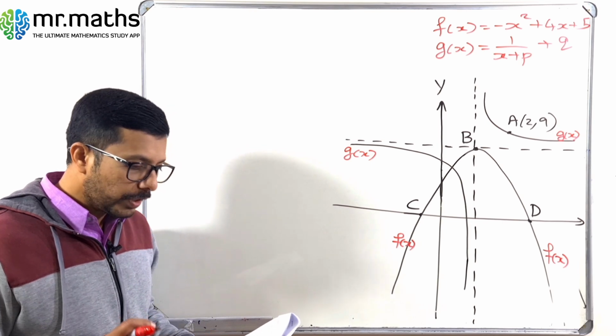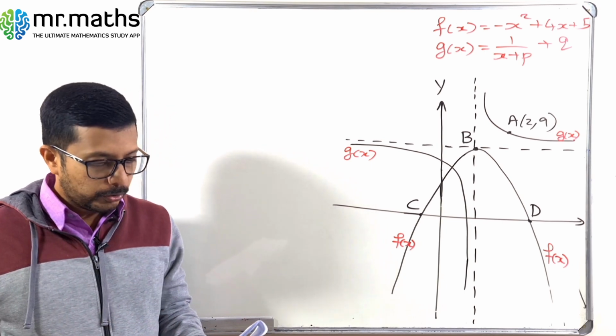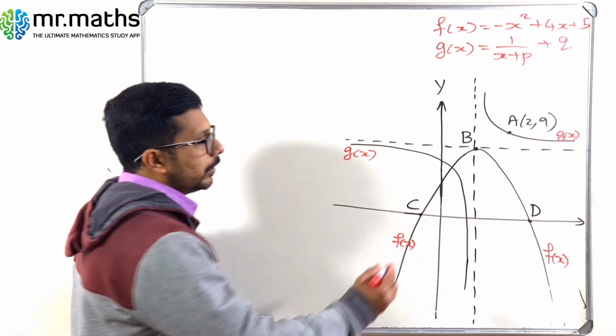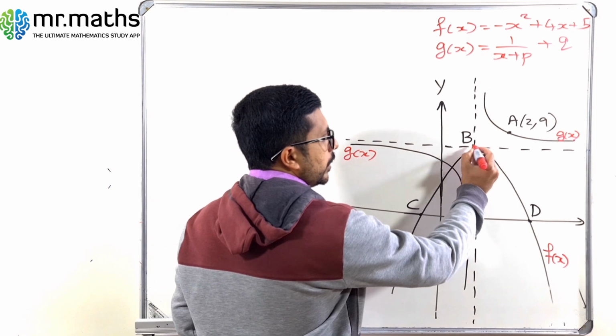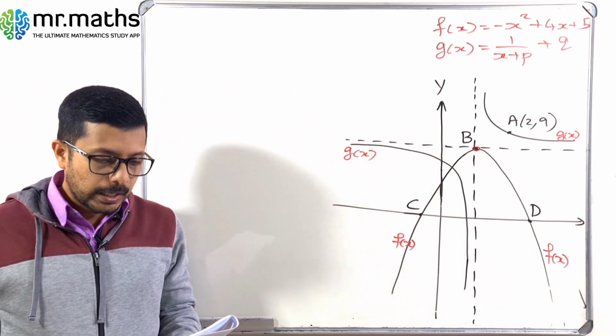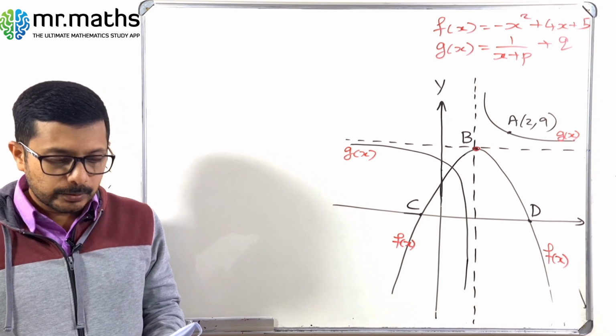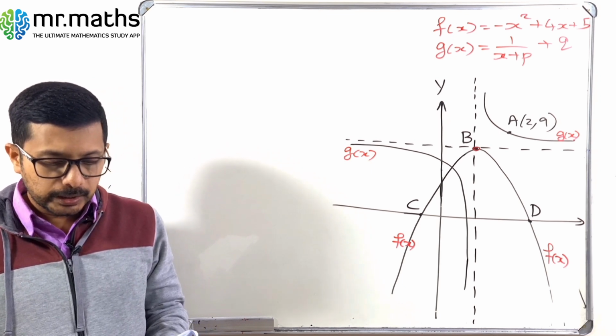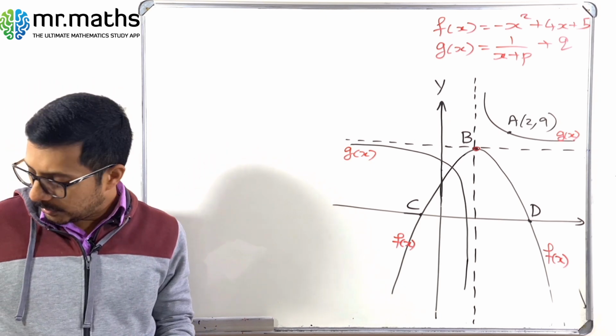Now, turning point of f. Also it is given that this point is the turning point of this f of x graph, that parabola. The asymptotes of g intersect at B and the point A (2, 9) lies on g.